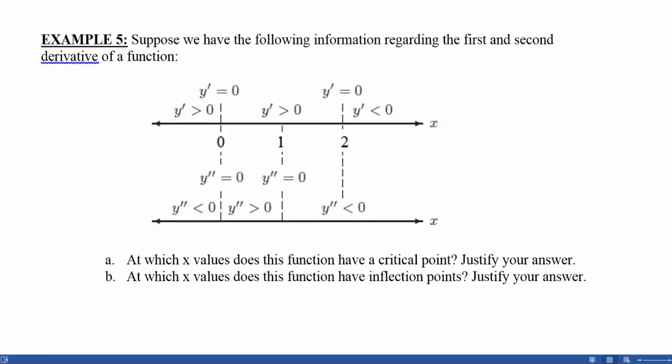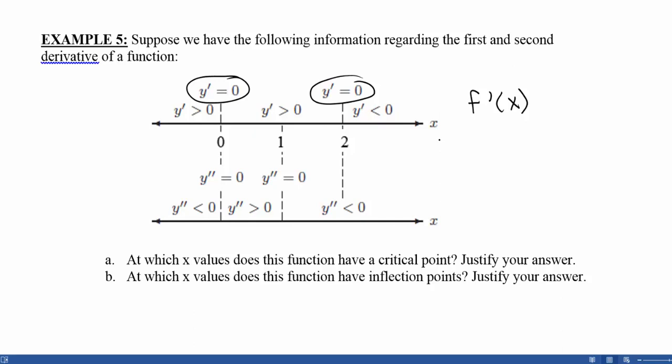Example 5. Suppose we have the following information regarding the first and second derivative of a function. So here we have some derivative maps. The top part here is telling you what's happening at the first derivative. It's telling you the sign and where the first derivative equals 0. So here, if we're considering where the critical points are, we have to consider both where the first derivative equals 0 and if there's any places where the first derivative is undefined.